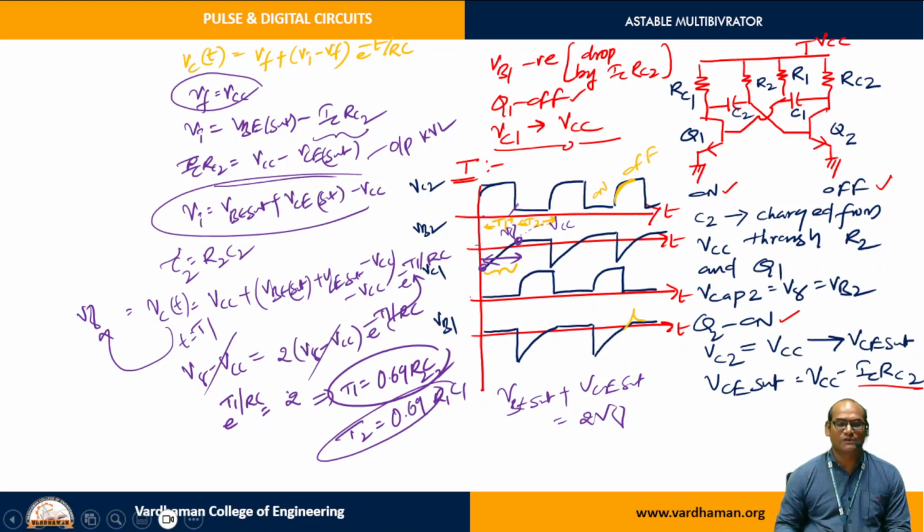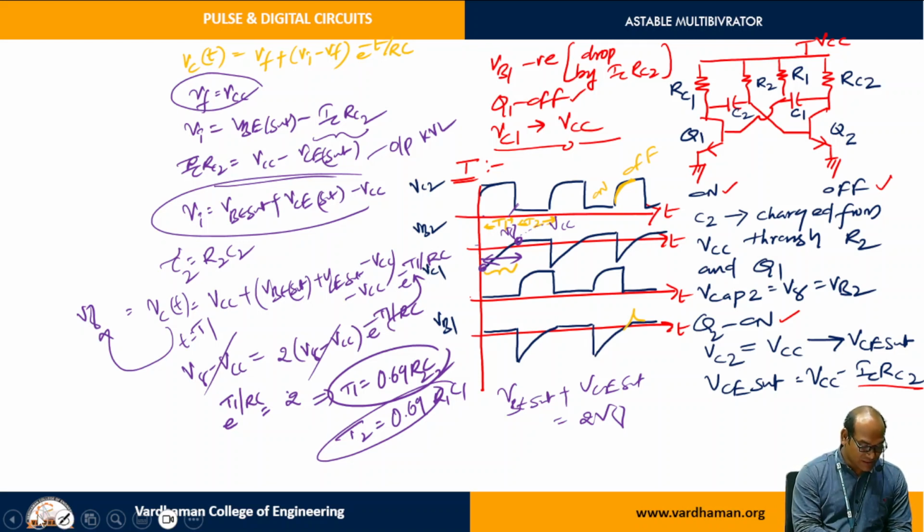Okay, and one DC supply VCC is available. But in the time period equation, which resistors are involved? Only R1 and R2. In the time period equation, 1.38 RC, or 0.69 into R1C1 plus R2C2, the resistances which are connected at the bases are involved in the generation of the time period but not the collector resistances. That is what you need to remember.